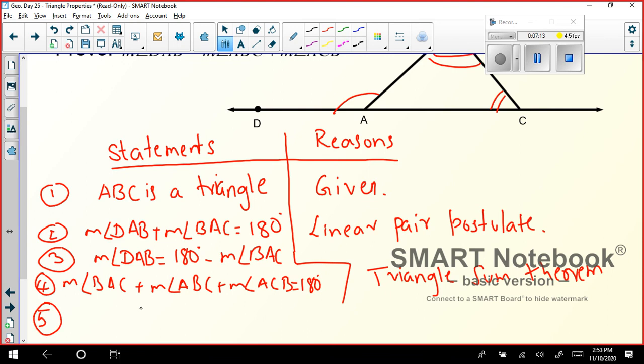Subtracting BAC from the fourth statement, I'll have measure of angle ABC plus measure of angle ACB equals 180 degrees minus measure of angle BAC.